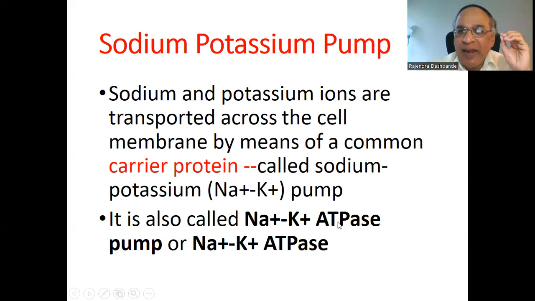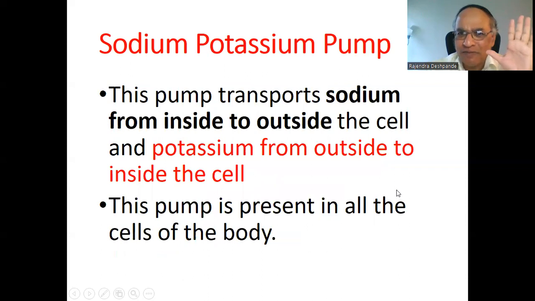So these are the different names: sodium potassium pump, sodium potassium ATPase pump, or sodium potassium ATPase. These are three names for the same topic. For SAQ, any name can be given: describe NaK ATPase pump, or describe NaK ATPase, or describe sodium potassium pump. So don't be afraid. These are all the same topic.